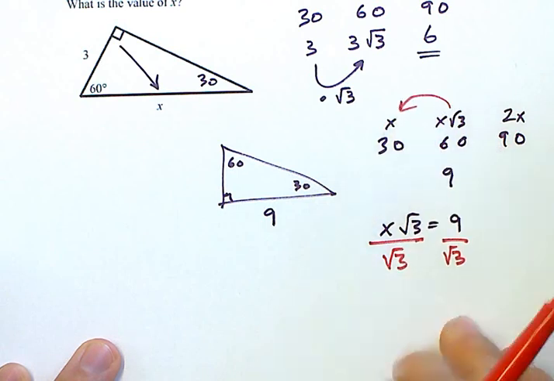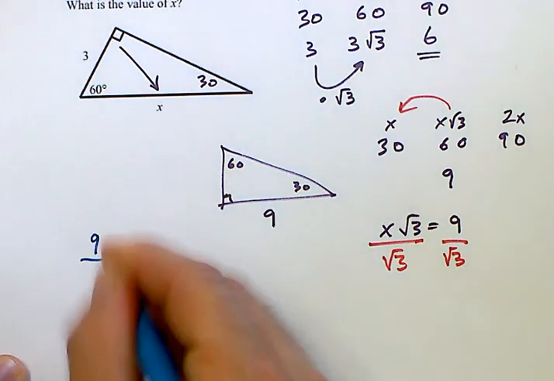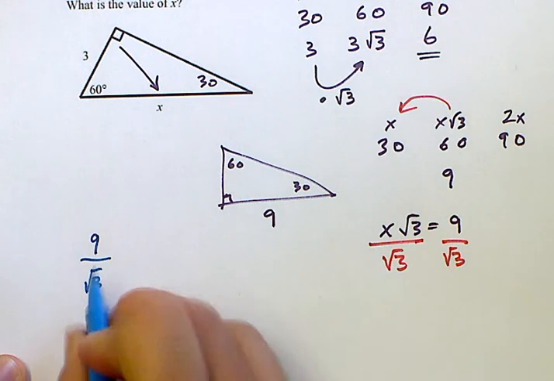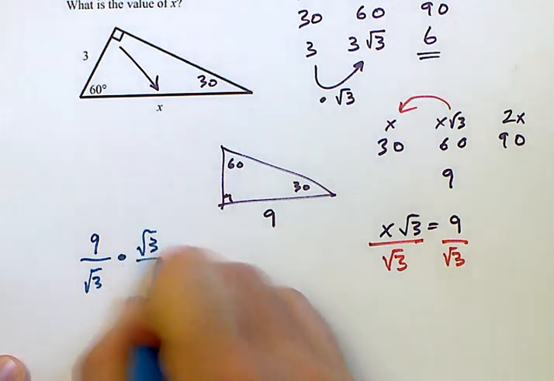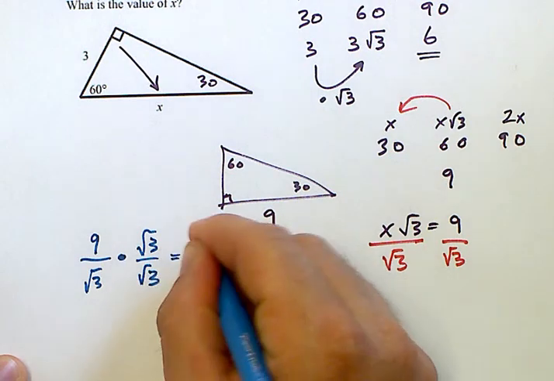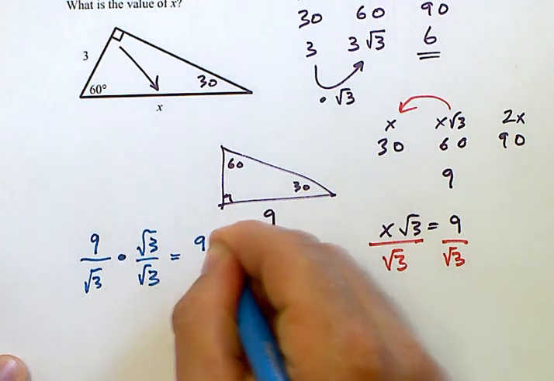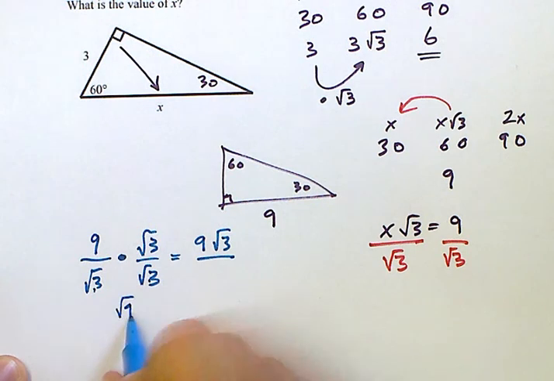Now the problem is you have a radical on the bottom. That's an irrational number. So you have to get this number off the bottom by conjugating, multiplying by square root of 3 over square root of 3. Now you end up with 9 square root of 3. Square root of 3 times square root of 3 is square root of 9, which is 3.